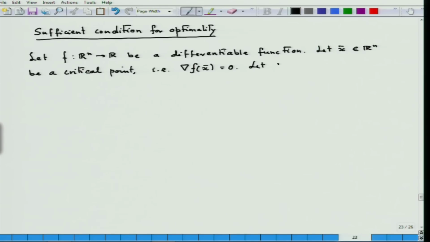Let additionally f be twice continuously differentiable, which you could add here also, I just did not do it in school.